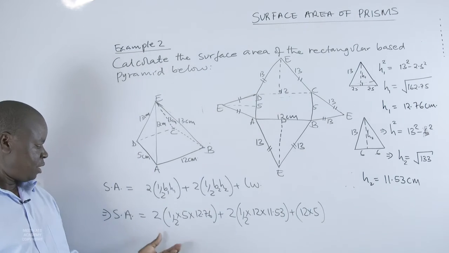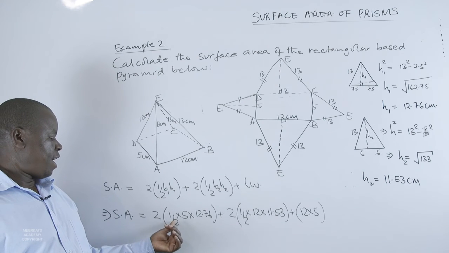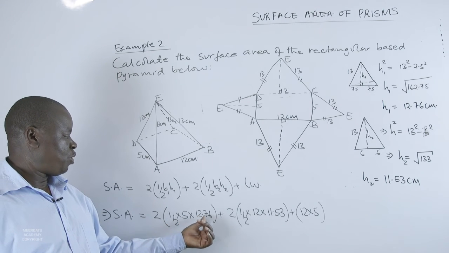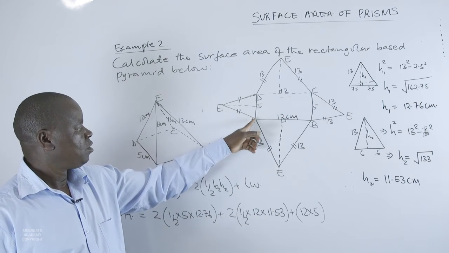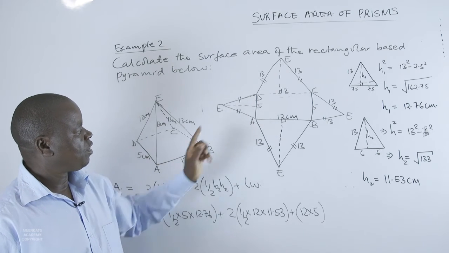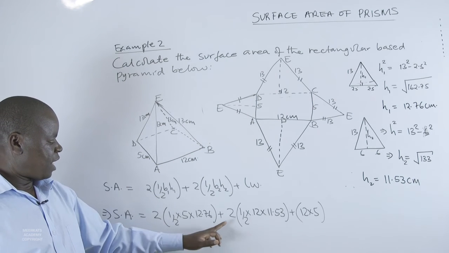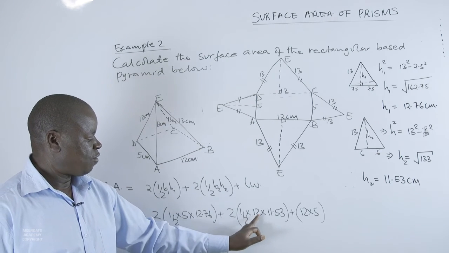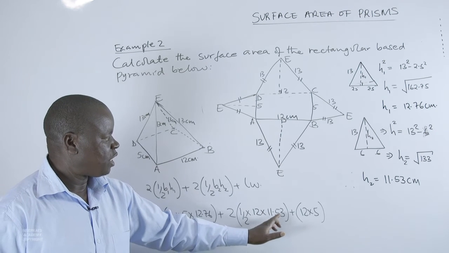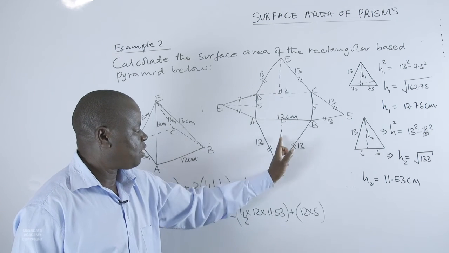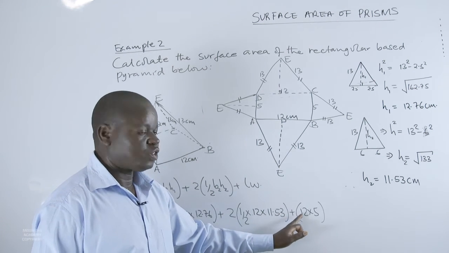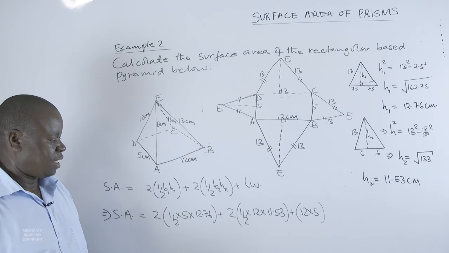So class, you obtain 2 into a half times 5 times 12.76, plus 2 into a half times 12 times 11.53, plus 12 times 5, which is the base area.